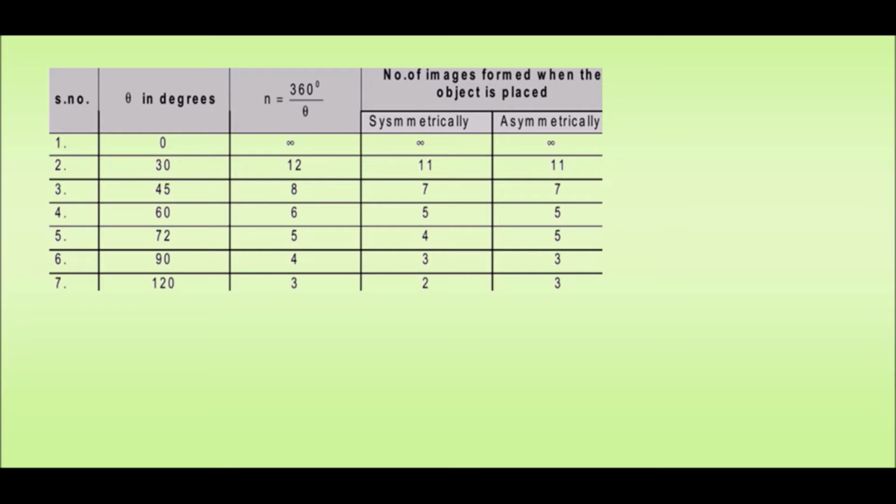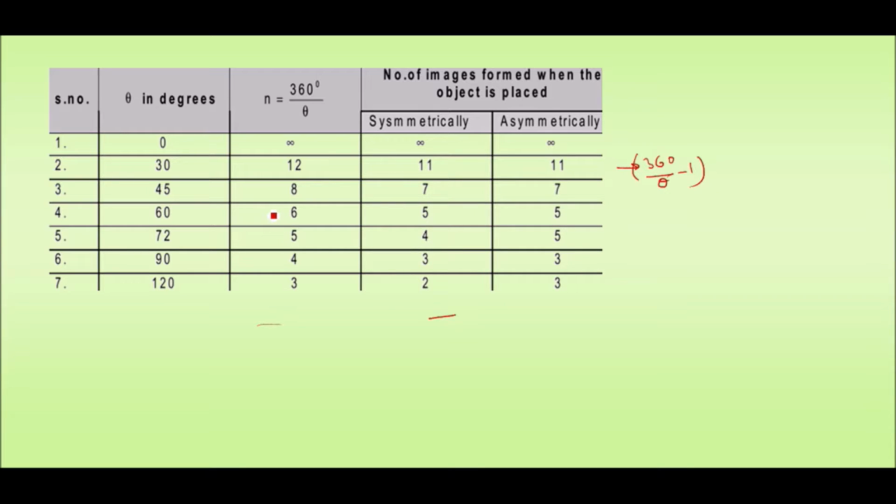Now for theta equal to 30 degrees, we get n equal to 12. It's an even number, so whether it's symmetrically or asymmetrically placed, the number of images formed is 360 by theta minus 1.